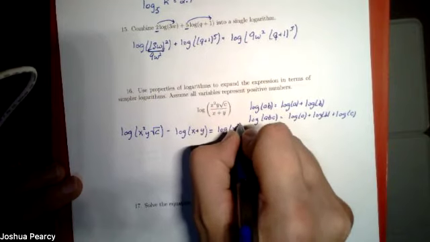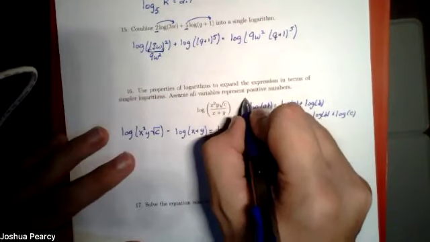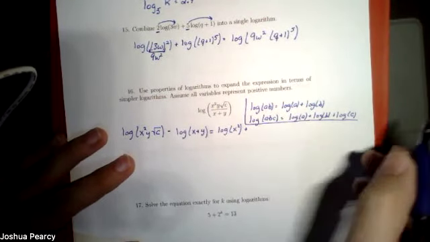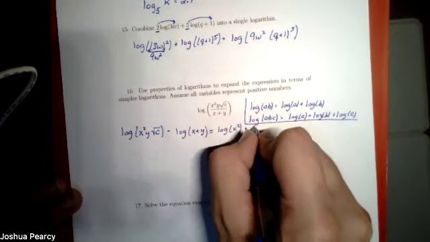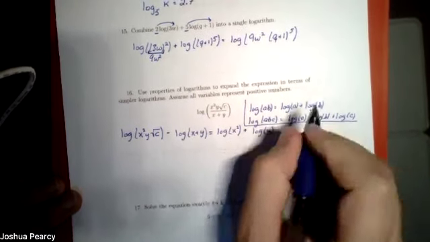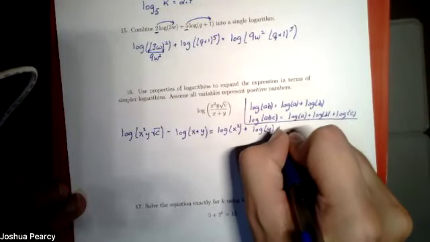So this would be log of x squared, and let's put a little box around this to keep this out of the way of what I'm actually doing in this problem. So this would be log of x squared, the first piece, plus log of y, the second piece, and then plus log of c, the square root of c.